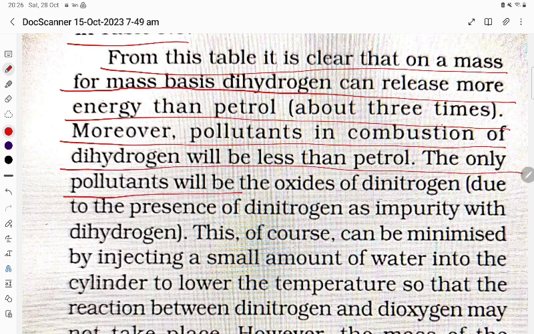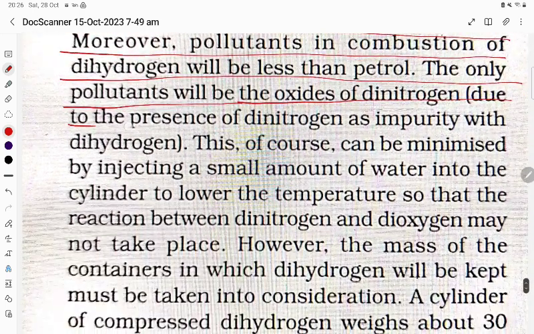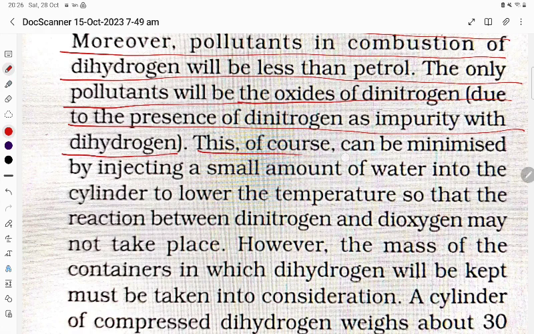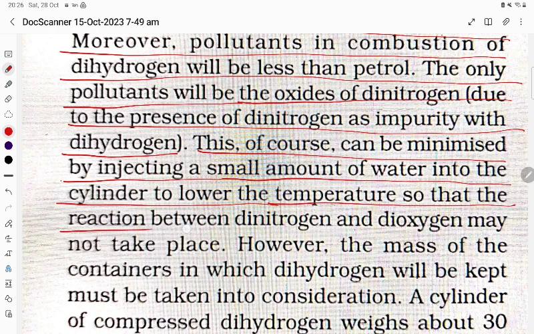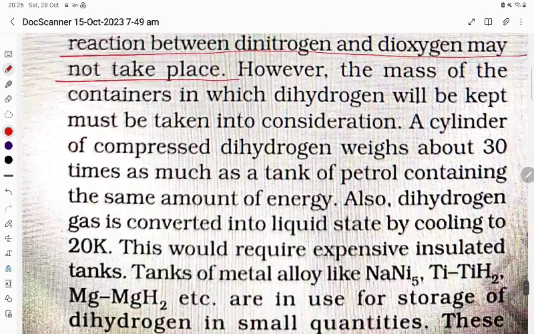The only pollutant will be the oxides of nitrogen due to the presence of dinitrogen as an impurity with the dihydrogen. This can of course be minimized by injecting a small amount of water into the cylinder to lower the temperature so that the reaction between dinitrogen and dioxygen may not take place.